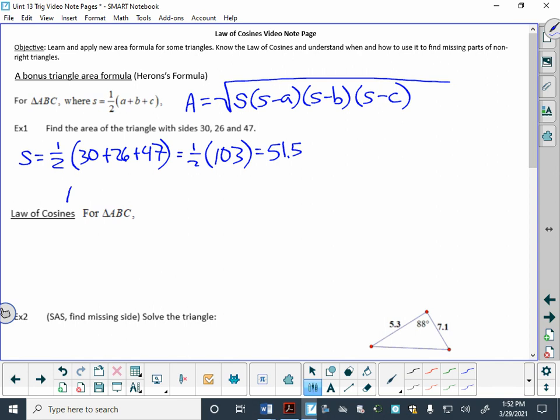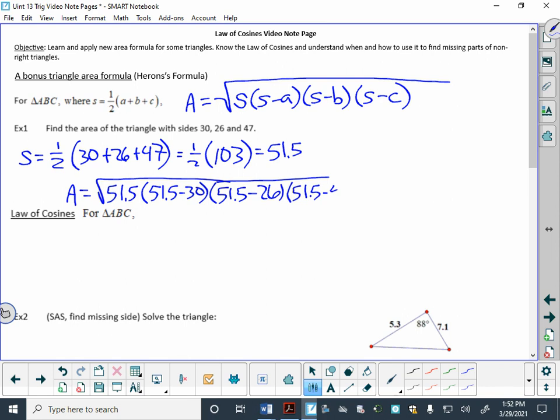So the area of this triangle is going to be the square root of 51.5 times 51.5 minus 30 times 51.5 minus 26 times 51.5 minus 47. If any of those come up negative, then you probably didn't have a triangle to begin with. Okay.